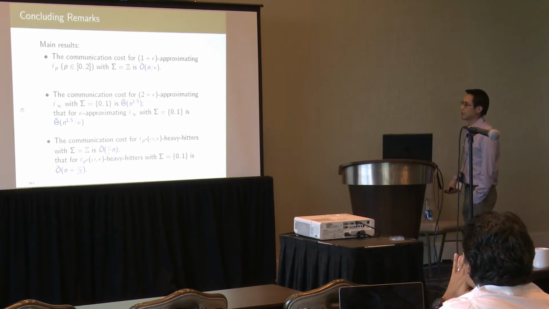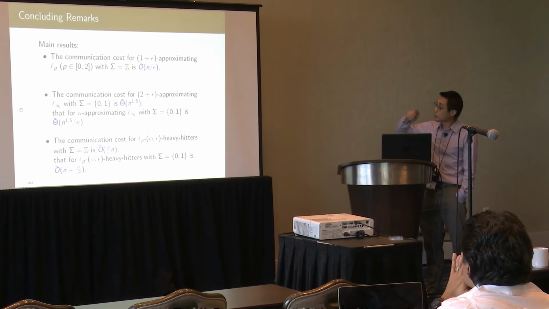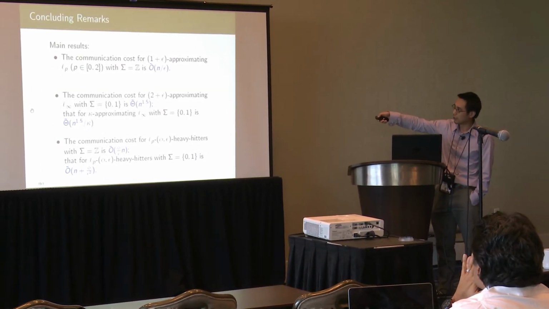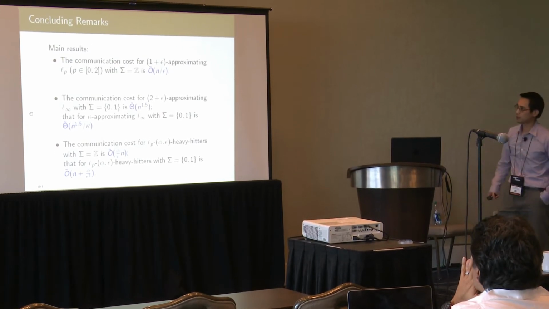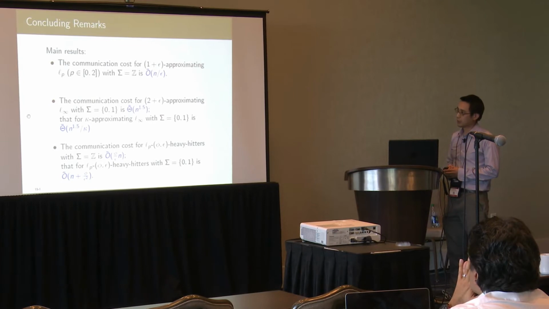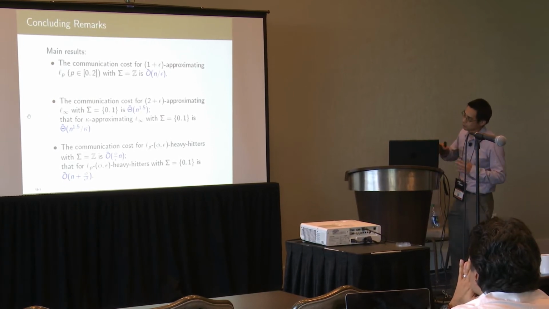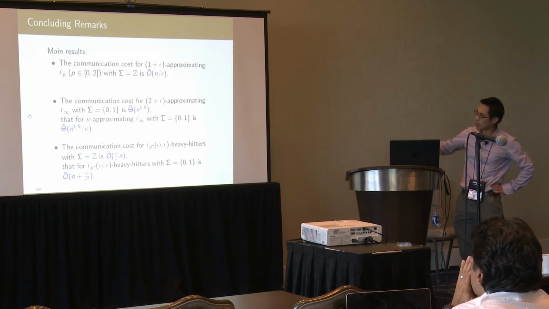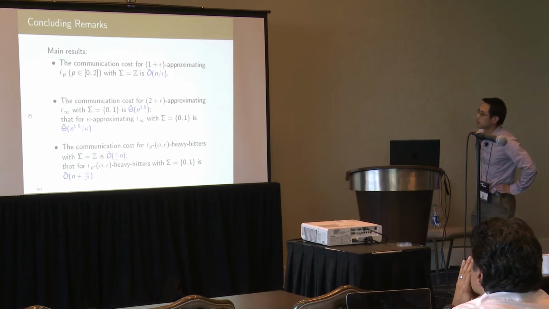So just to conclude, let me recall our main results. We get a 1 plus epsilon approximation for the Lp norm for p from 0 to 2, and our communication cost for this is n over epsilon.